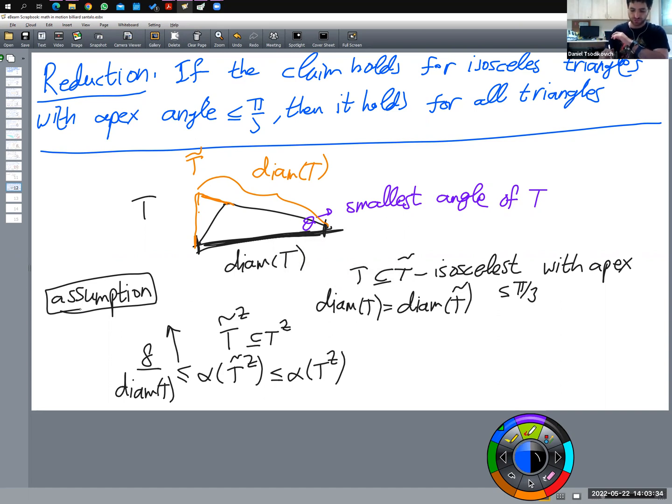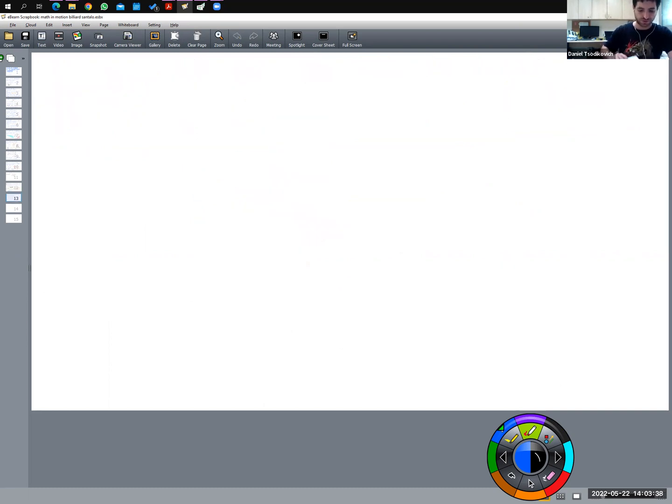So what we are left with, and this is the part that you actually need to compute things, we only need to show, and by homogeneity of this quantity, I can restrict the diameter to have length 1 for simplicity.